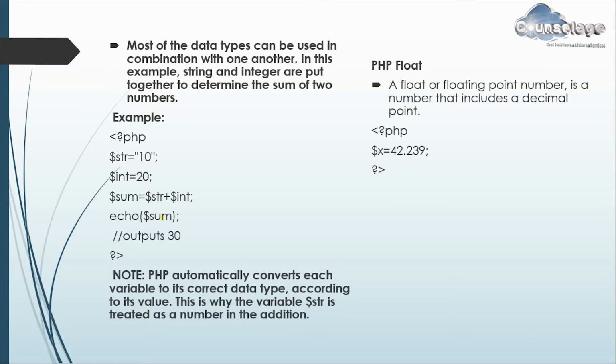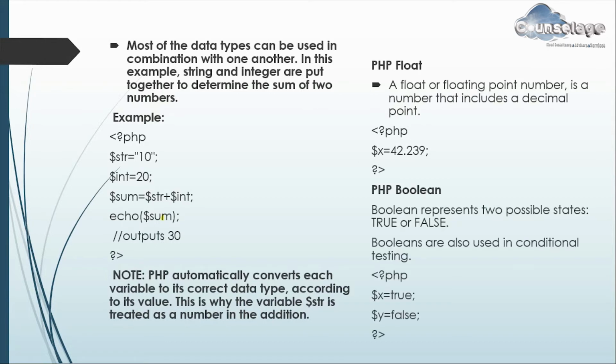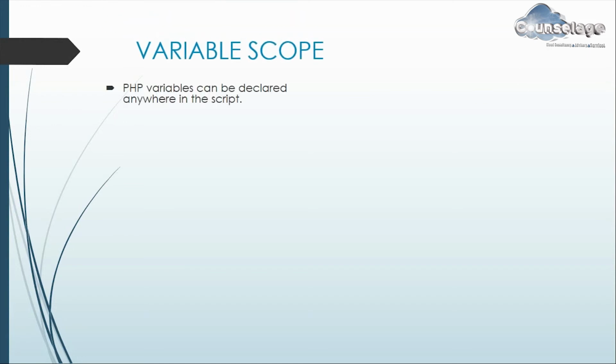Now comes PHP float. Float or floating point number is a number that includes a decimal point. PHP boolean. Boolean represents two possible states, true or false. Booleans are also used in conditional testing. Variable scope.